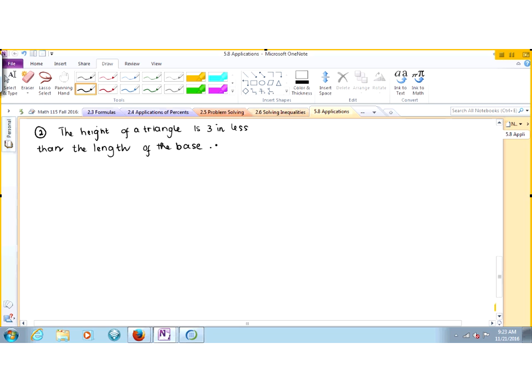So the height of the triangle is 3 inches less than the length of the base. Okay? So if the area of the triangle is 54 inches square, find the height and the length of the base.